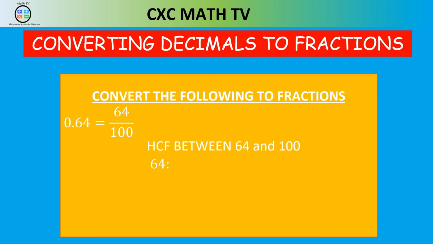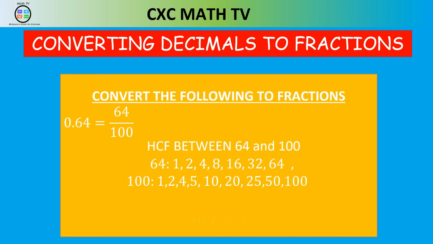Now, the next thing we're required to do is to simplify. In order to simplify, we have to ask ourselves, what's the highest common factor between 64 and 100? The highest common factor is going to be 4. If you list out all the factors of 64 and 100, the highest one in both is 4.